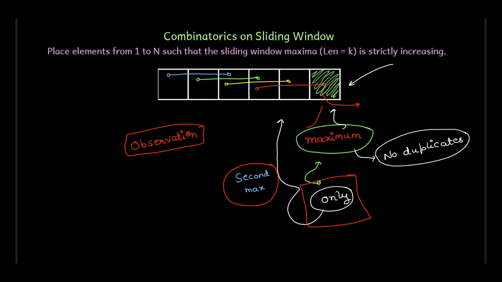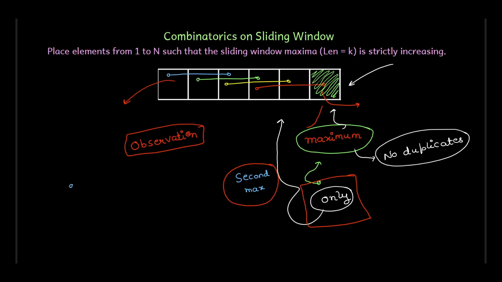So let's again analyze it case by case. Can the second maxima be present in the blue slot? You can see that since the maxima is not competing anymore, the same arguments that we made for the maxima apply.